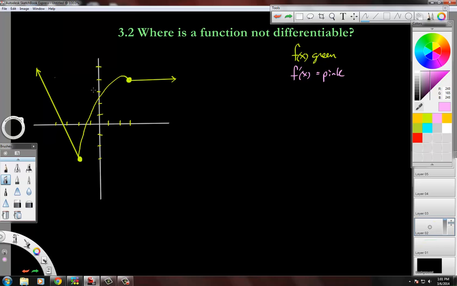So let's go left to right on this thing and make a graph, and then we'll talk about where the function is not differentiable. Well, it appears that this green line, starting from here and cruising down to here, is straight. I drew it with the straight line tool, and it looks as straight as you can get, which means its slope's going to be constant all the way through.